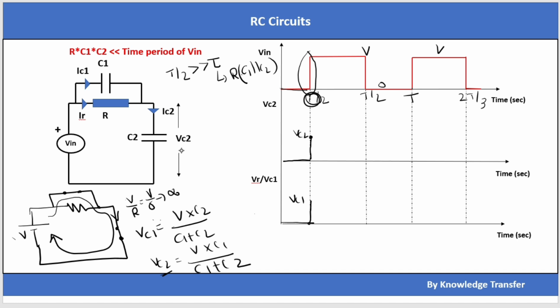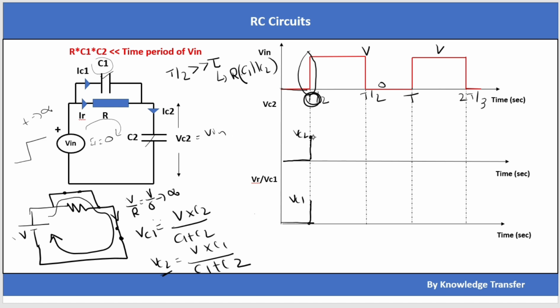If you give a step signal to this circuit at t equal to infinity, this capacitor will get open circuited. Because this capacitor is open circuited, no current is flowing in the circuit, I is equal to 0, so VC2 will become Vin. And because there is no current flowing, the voltage across the resistor is 0, and the voltage across the C1 capacitor is also 0.